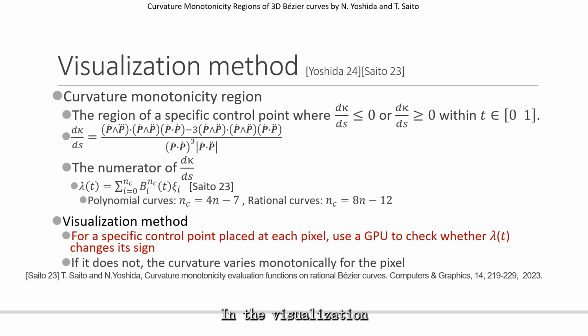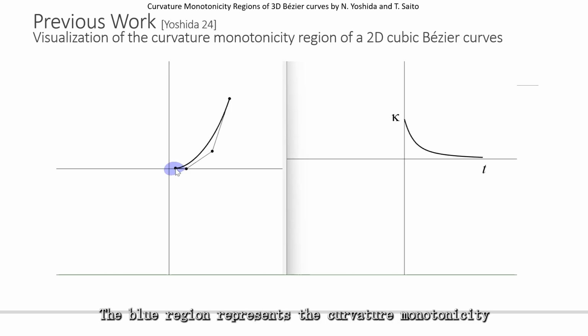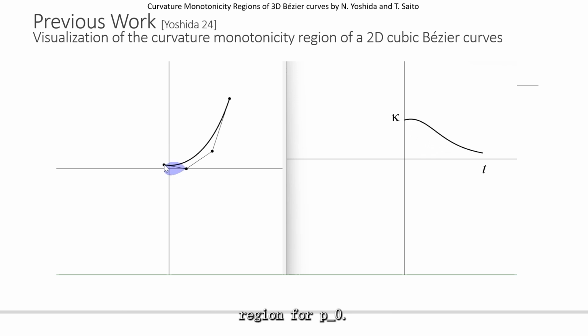In the visualization method, for a specific control point placed at each pixel in the window, we use a GPU to check whether lambda of t changes its sign by replacing the coordinates of the control point within the screen coordinates of the pixel. If it does not change sign, the curvature varies monotonically for the pixel. The blue region represents the curvature monotonicity region for P0.